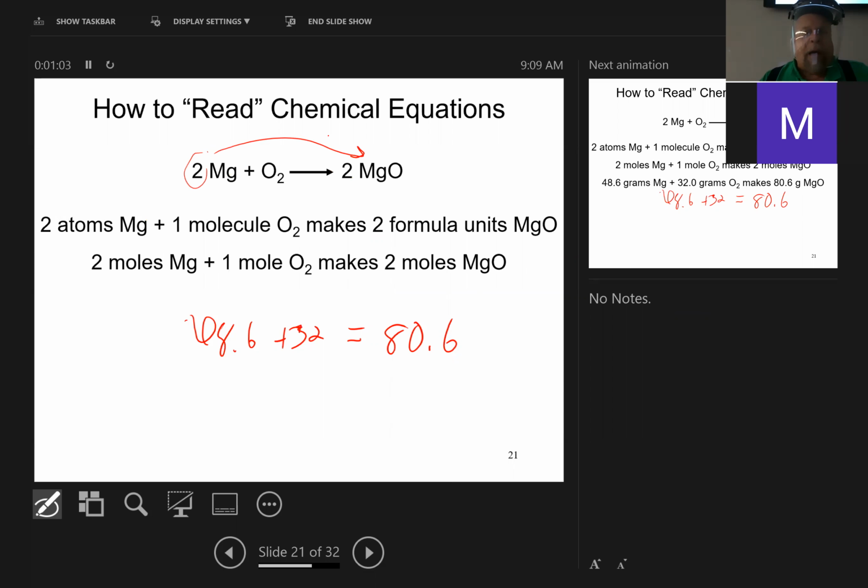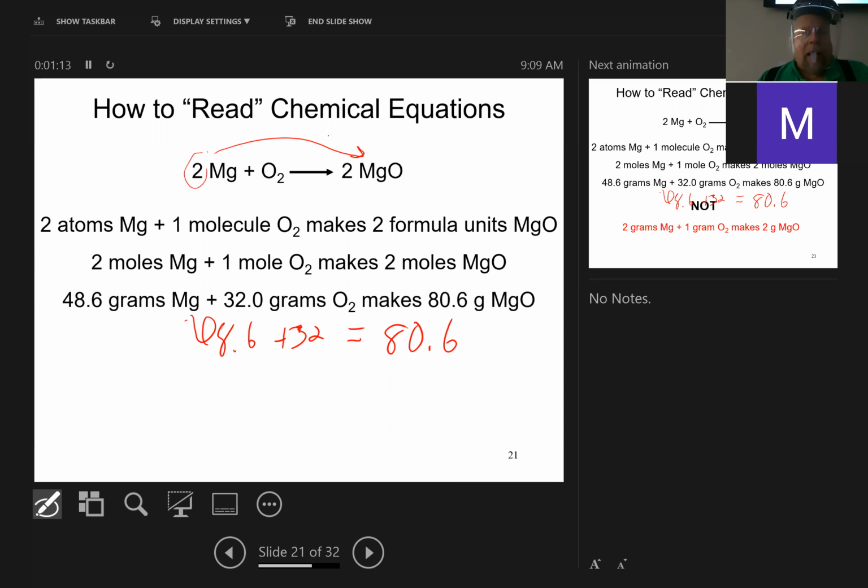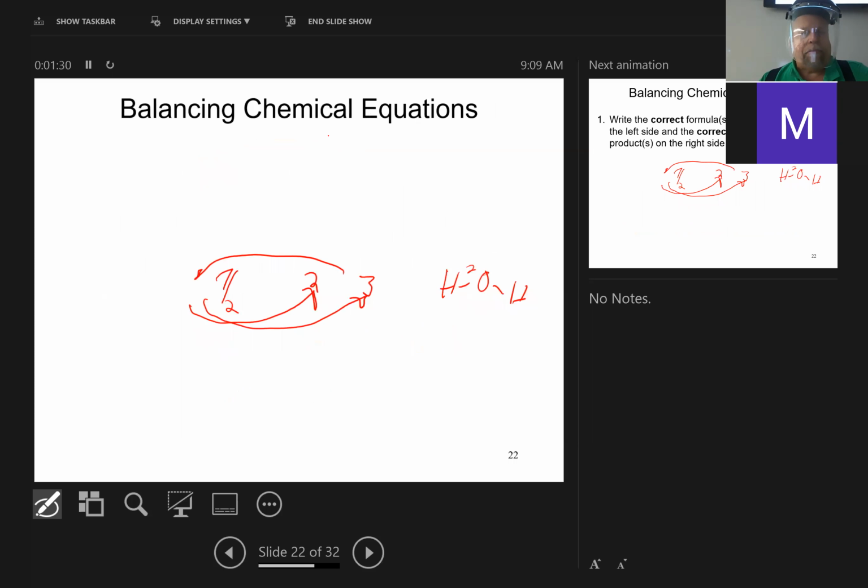So you have "makes" or "reacts to form," and it's almost the same as a mathematical equation, with different relationships in atoms, moles, or grams. The key thing is when you start with grams, you change to moles first and then go to grams on the other side, so you have to go through some conversions.